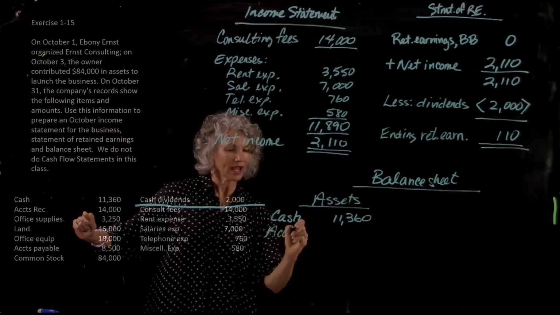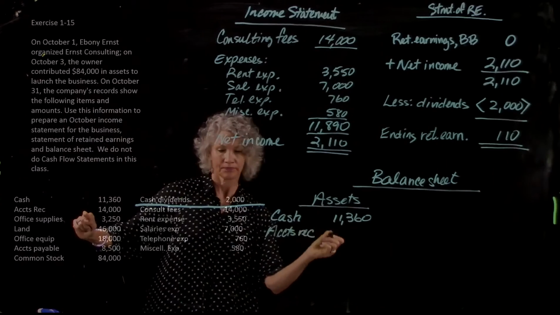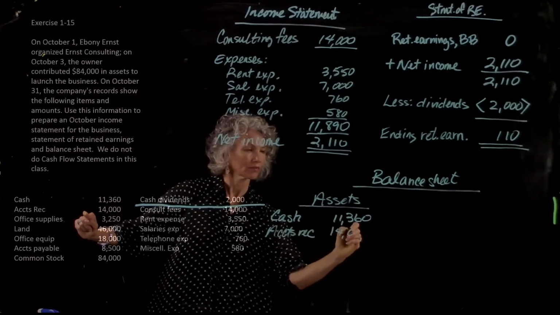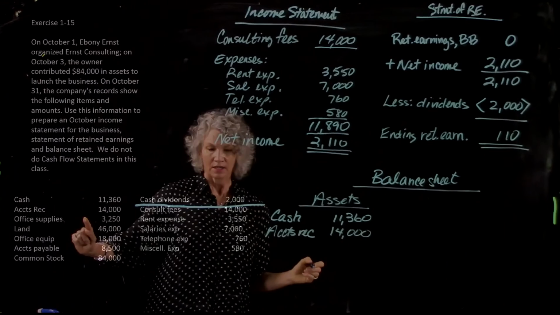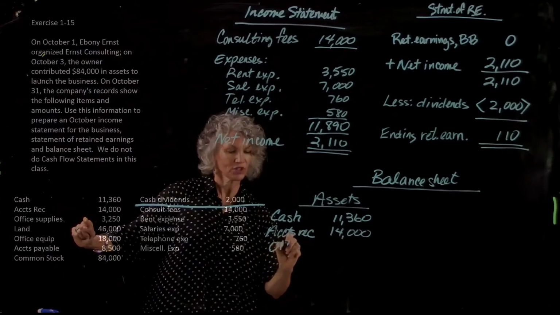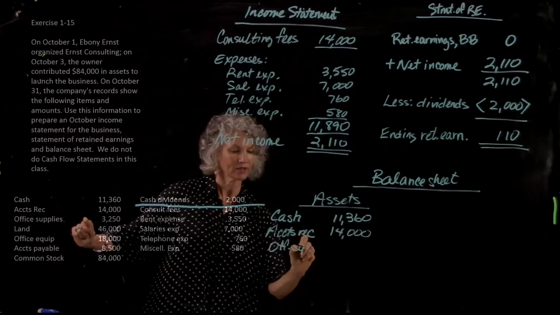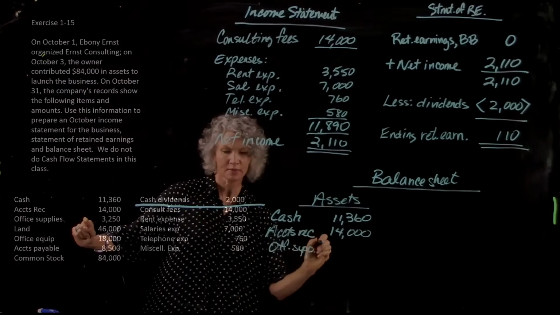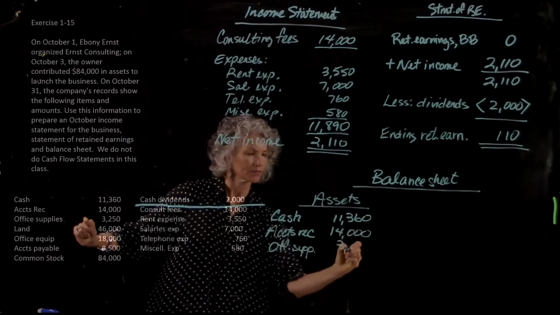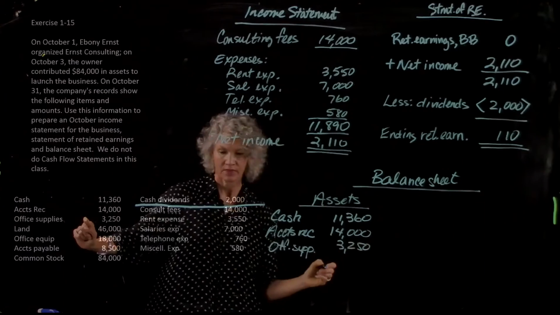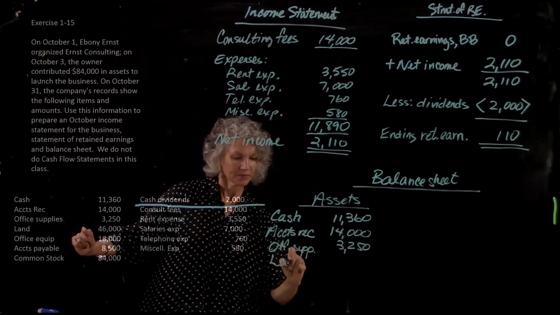Next, I'm going to go with accounts receivable. Office supplies, which is an inventory type account. It's stuff that you're going to use in the business. Land.